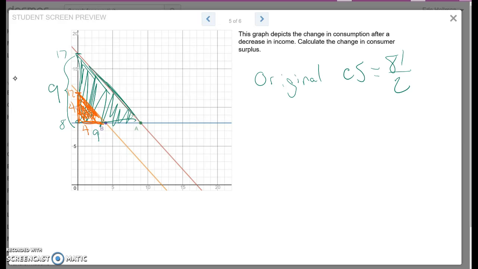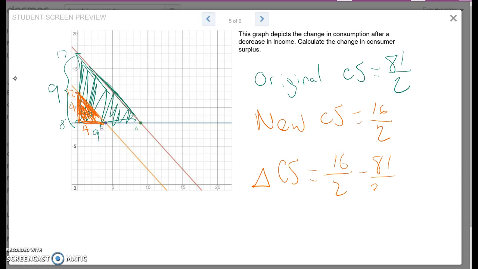So 16 halves. The change in consumer surplus is new surplus minus old, so you lost 65 halves in surplus.